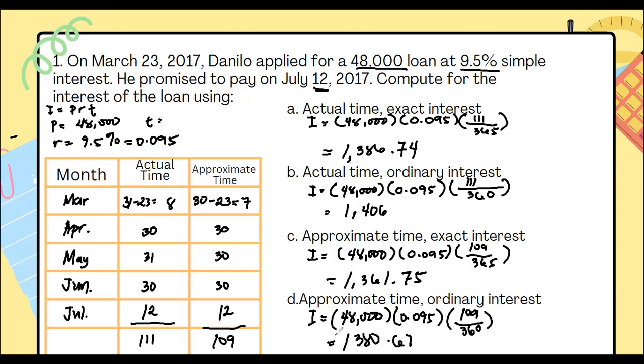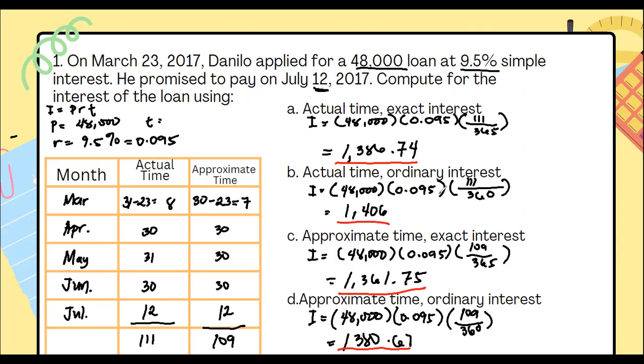Okay? So ito yung interest using approximate time and ordinary interest. Okay? And as we can see, iba-ibang time period yung ginamit and iba-ibang type of interest yung ginamit, they will come up or they will have a different interest po. Okay? So, yan po yung pag-solve natin using different time period and different type of interest.